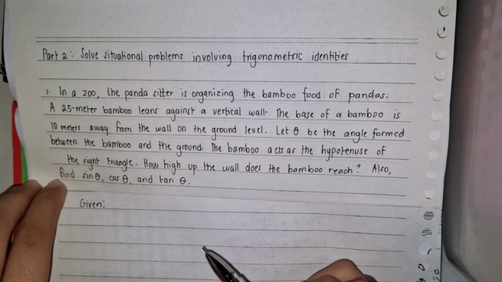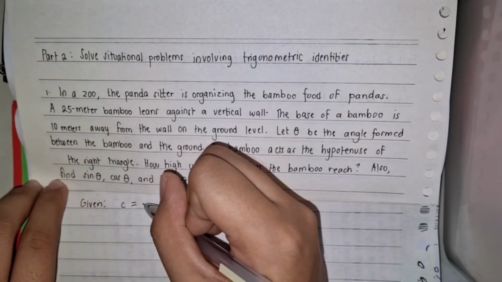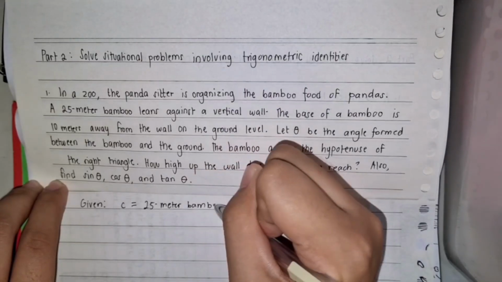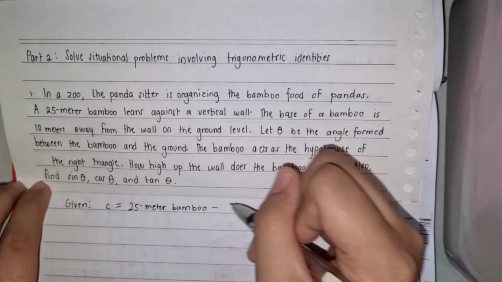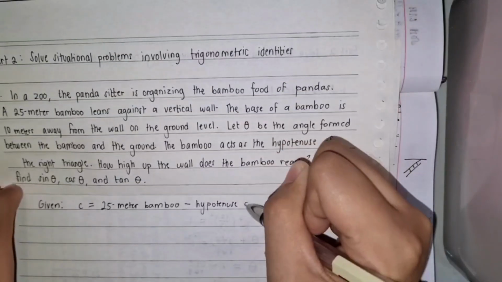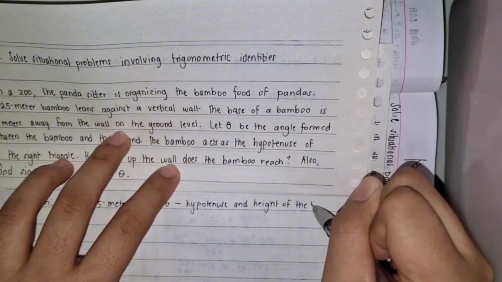So let's use the Gupta method with sketch or illustration. So let's start with the given first. We have the C, because it is the hypotenuse, 25-meter bamboo. Let us describe this precisely. It is the hypotenuse and height of the bamboo.